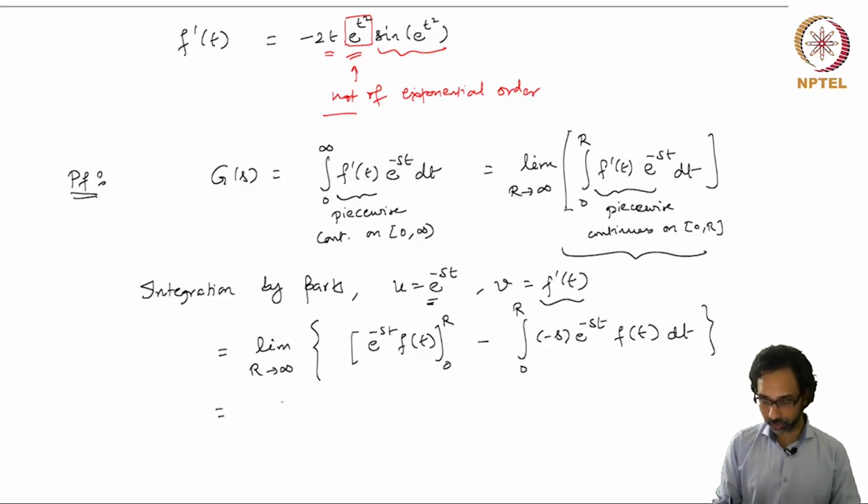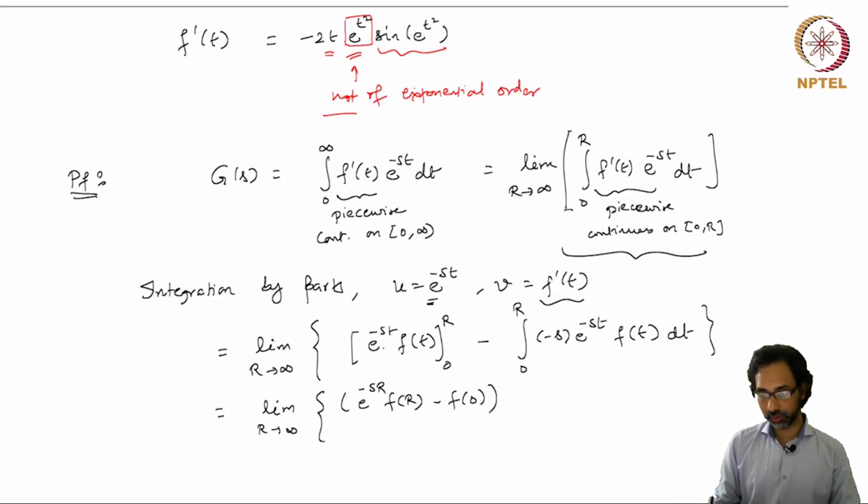So this gives you the limit as R tends to infinity. The first term is e to the minus sR f(R), minus the second term, which is simply f(0), because e to the minus s times 0 is 1.